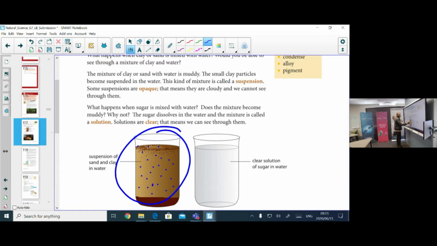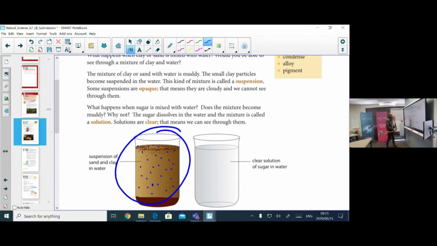Suspended or floating particles inside a solution. And these suspended or floating particles will make the visibility much harder, meaning it will be harder to see, right?